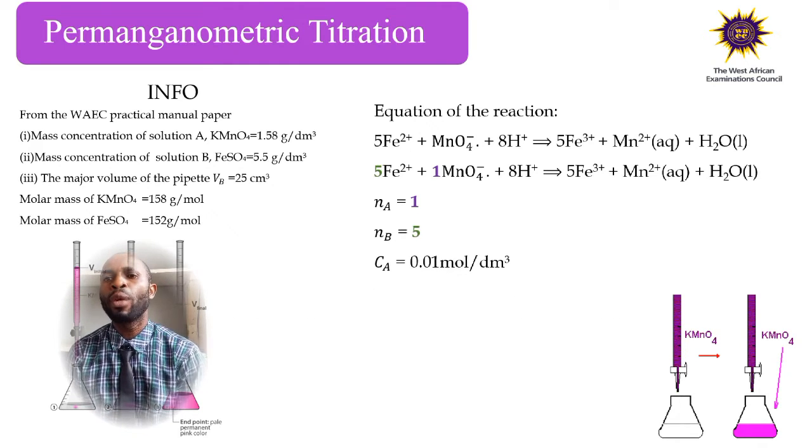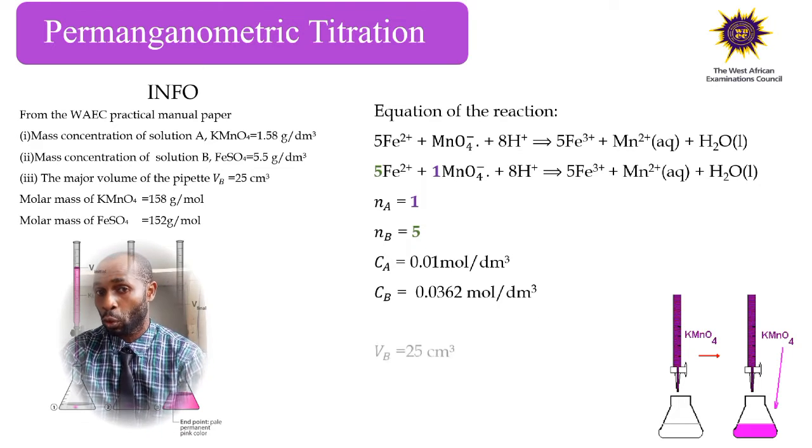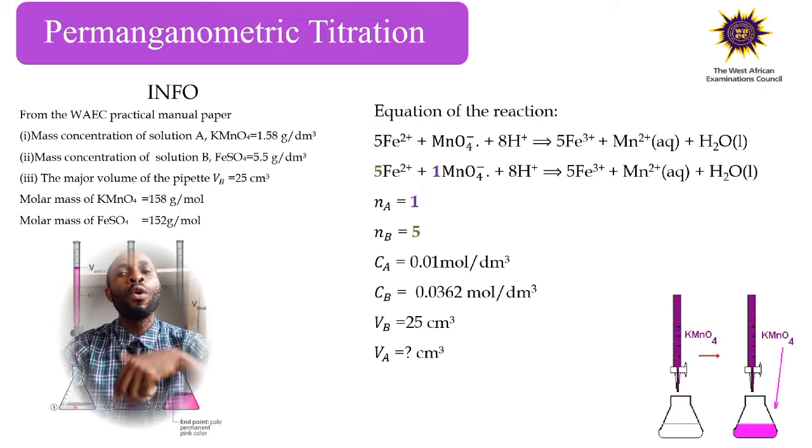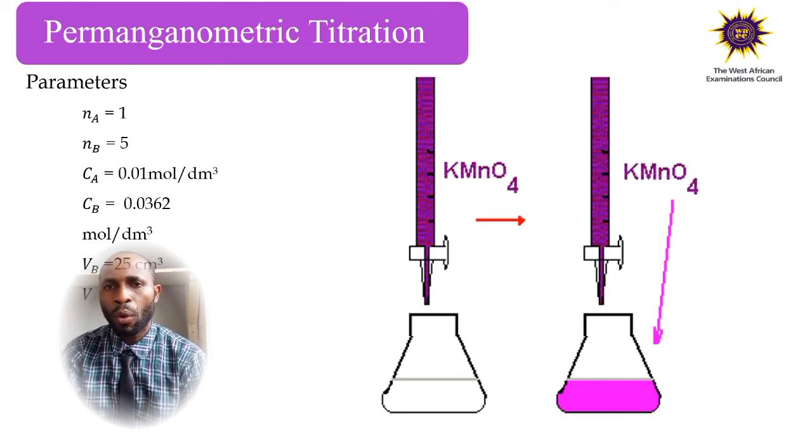So if we have understood that we have our Ca already, that's the concentration of solution A, the concentration of solution B, and the volume of B, now we need to look for the volume of A. This is how we go for it.